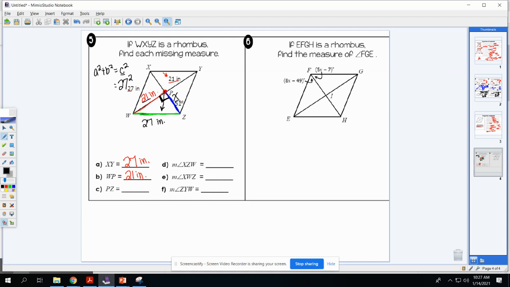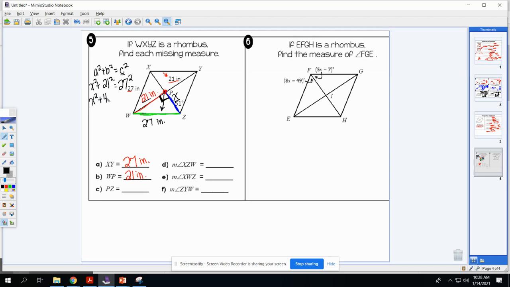Our other two numbers here, 21 and X, it does not matter which way those go. Could be A, could be B. It really does not matter. I'll start off with our X. So I'll say X squared plus 21 squared is equal to 27 squared.